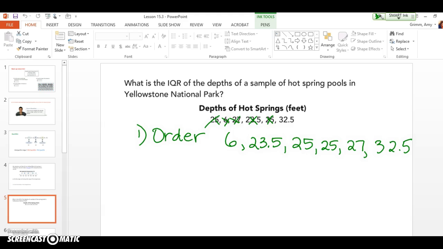Who knows what the next step was? What do we do next after we put them in order? You look for the median, right? So everything's the same as the other day. So step 2, look for the median.